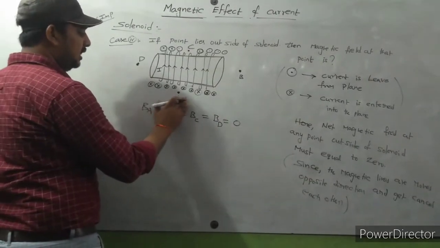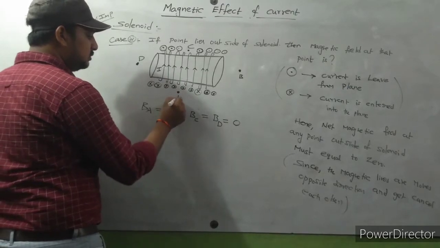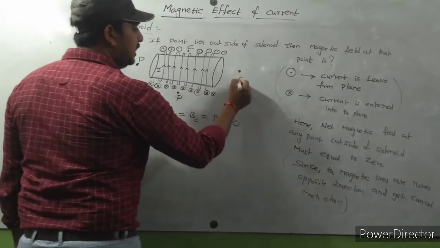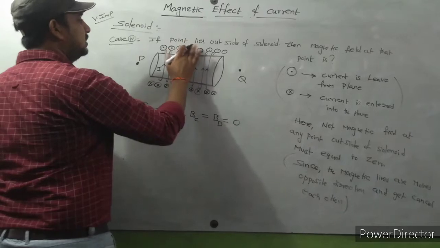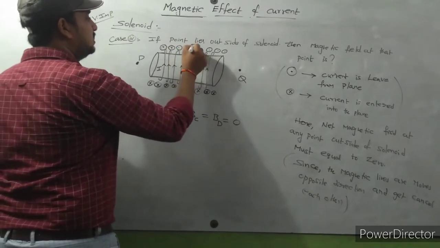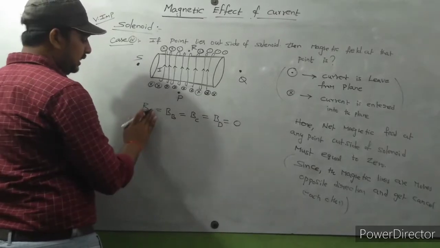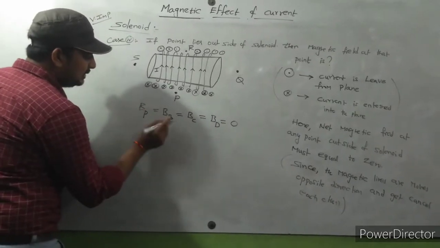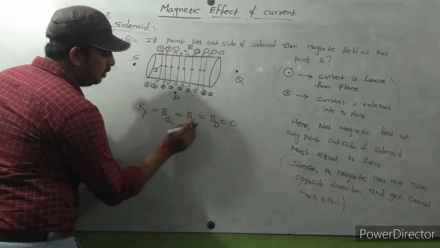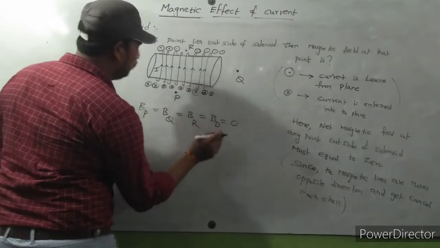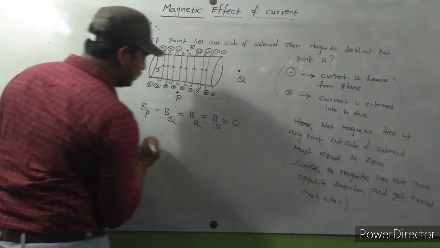Otherwise, you can consider points P, Q, R, S, don't confuse. Then magnetic field at P is equal to magnetic field at Q is equal to magnetic field at R is equal to magnetic field at S is equal to 0.